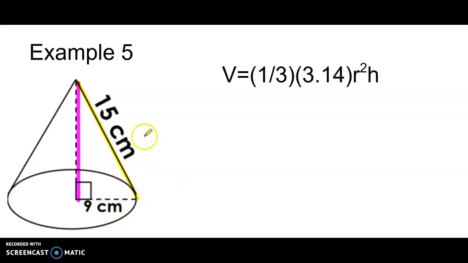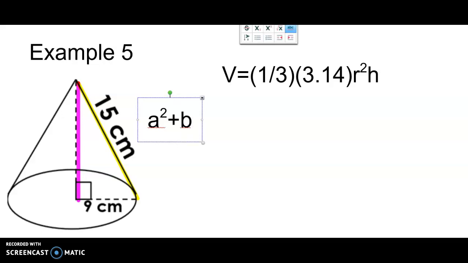And we know that when we have two sides of a right triangle, we can use the Pythagorean theorem to find the third. The Pythagorean theorem we know is a squared plus b squared equals c squared.